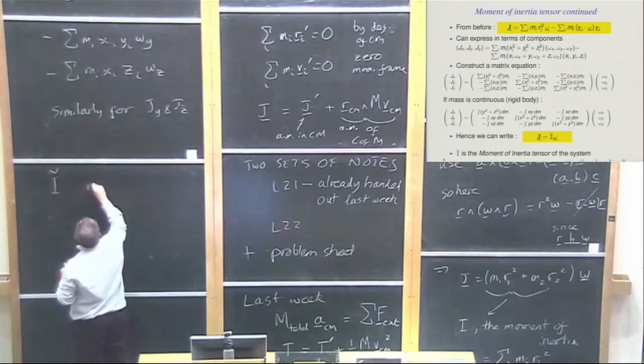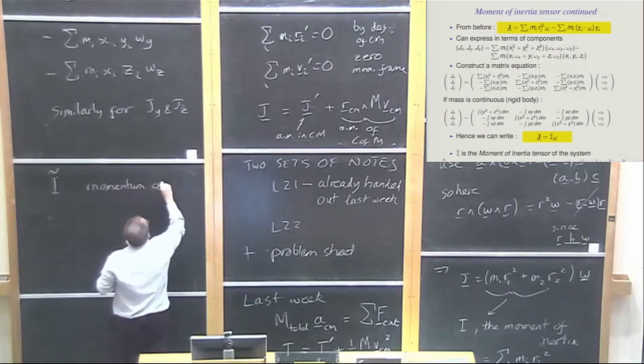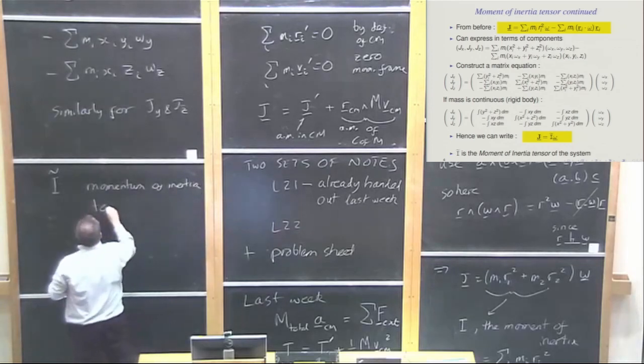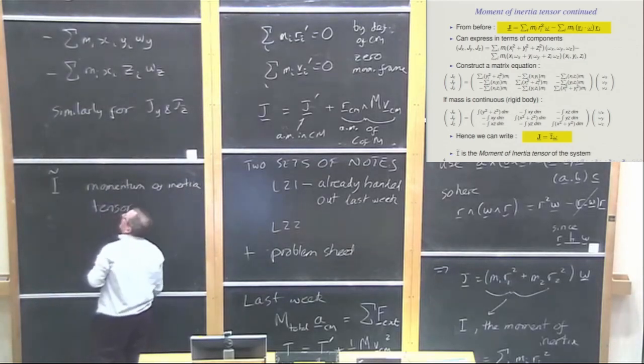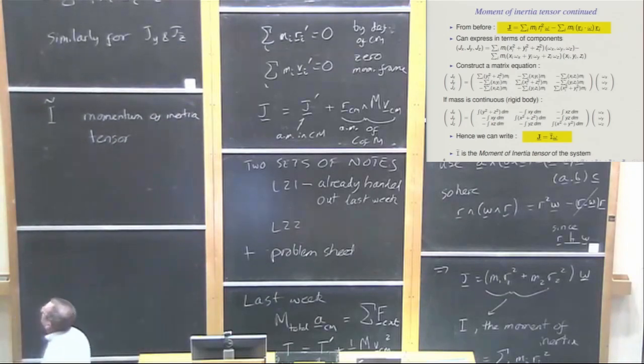So this is the moment of inertia tensor. Tensors sound like nasty and forbidding things. They play a big role in general relativity.